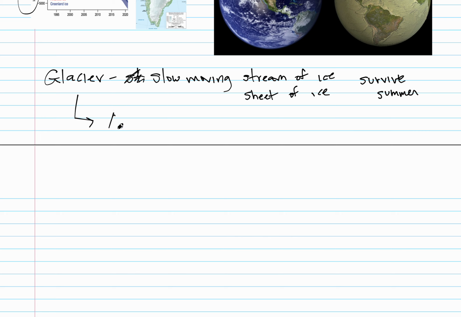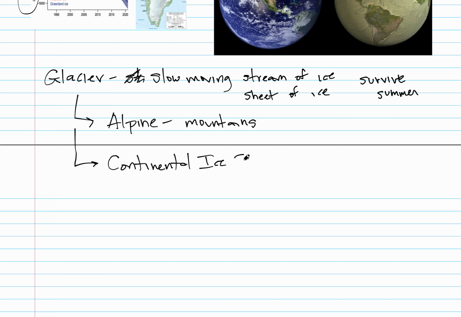There are two types. There is the alpine type of glacier, and these occur in the mountains, where the cold and the snow are due to high elevation. The arguably more important type of glacier, yeah, I'd say it is more important, is called a continental ice sheet.